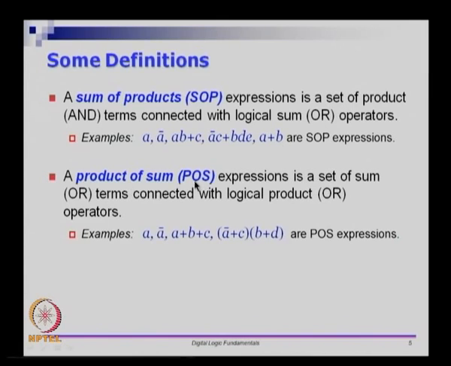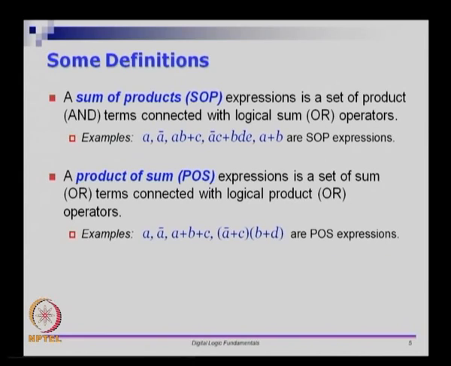Similarly, a product of sums expression is a set of sum terms or OR terms which are connected with logical AND operator. I am sorry, I said OR earlier, this must have been an AND. So, A, A plus B plus C, all these are valid product of sum terms. If I look at this, A plus B plus C is a valid sum term, it is not multiplied with anything else.